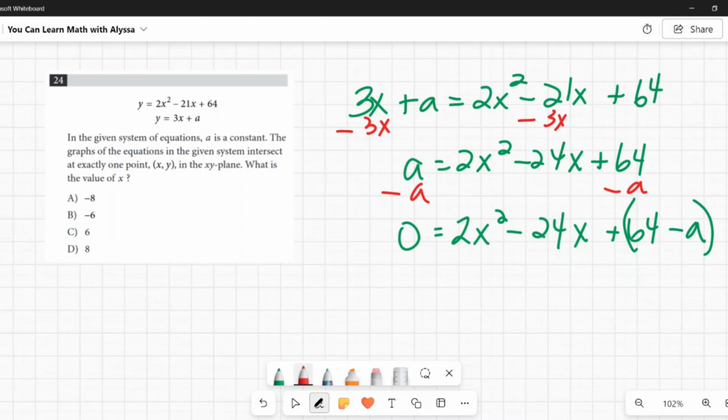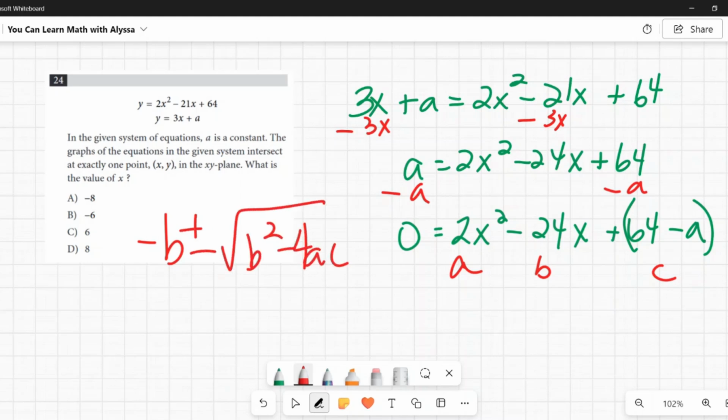There is something called the discriminant. If this is a, this is b, and all this is c, the quadratic formula is negative b plus or minus the square root of b squared minus 4ac, all over 2a. This bit underneath the radical is the discriminant. It tells you how many solutions the quadratic has.